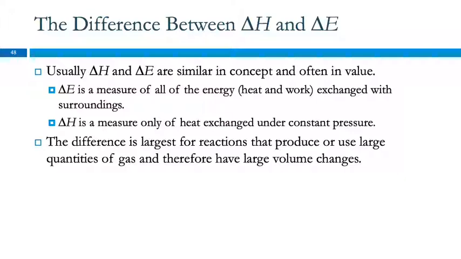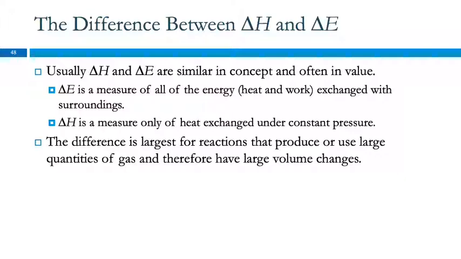So for Chem 1A, we can just kind of treat them as the same thing. You can say, yeah, I know there's something different about them, but practically we use them the same way, so we can just kind of not worry about it. The delta E is a measure of all the energy, heat and work, that get exchanged between the system and the surroundings, and delta H is only looking at the heat exchanged under constant pressure.